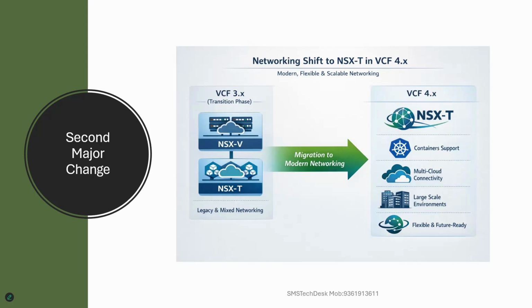This is going to handle large enterprise environments. So networking becomes more flexible and ready for future requirements. That was one of the major changes when we compare VCF 3.x to VCF 4.x.